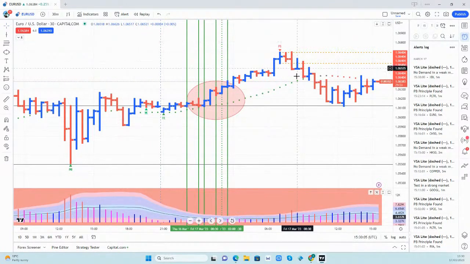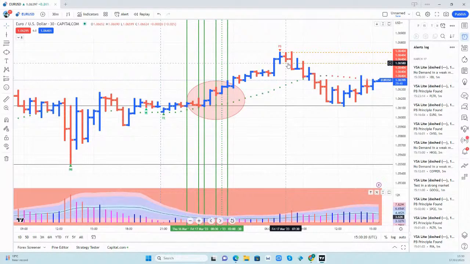It will push up. So why would you want to stop out your trade if it's going to push up? You make the profit and put your stop loss there, and that's already into profit.